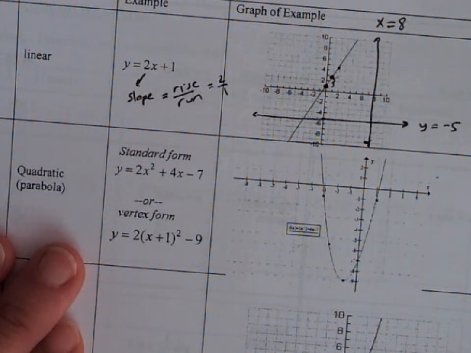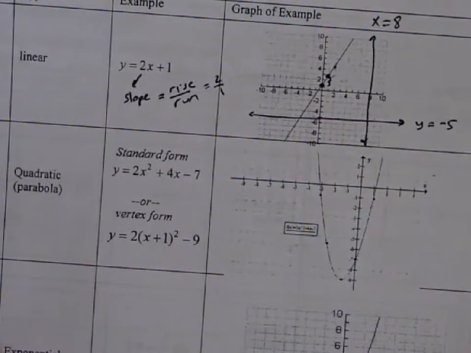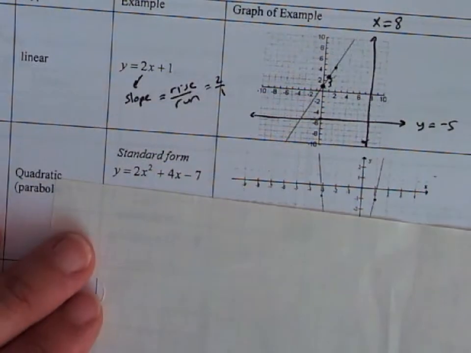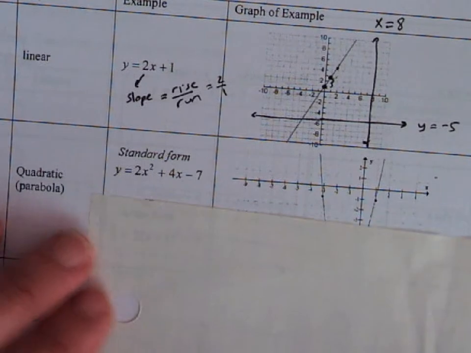Now, probably you remember how to convert standard form to vertex form. We have a special process called completing the square. So let's do this example, and it will come back to you if you forgot.